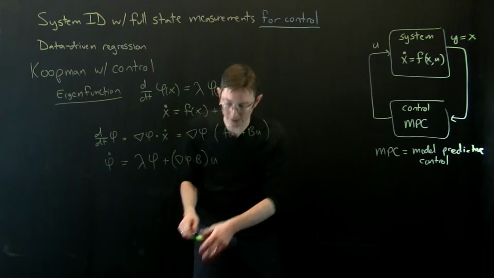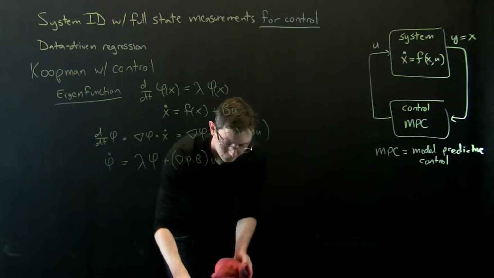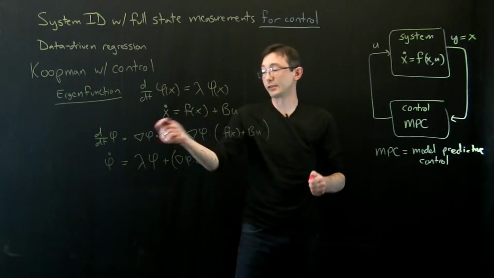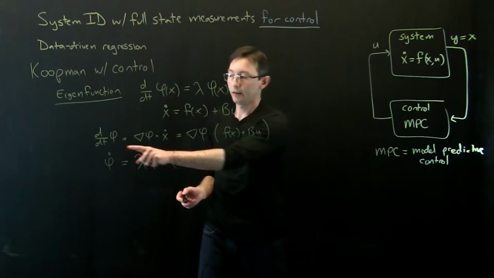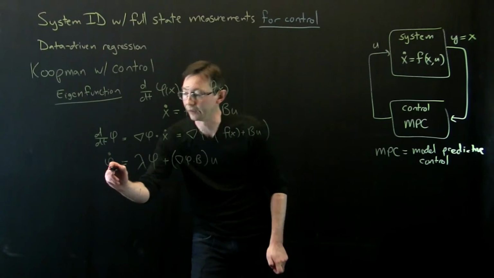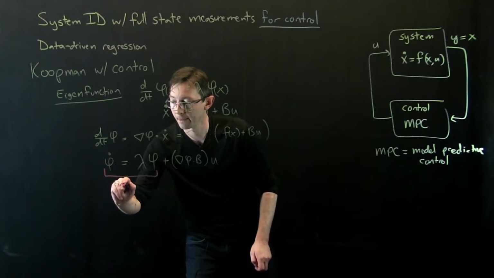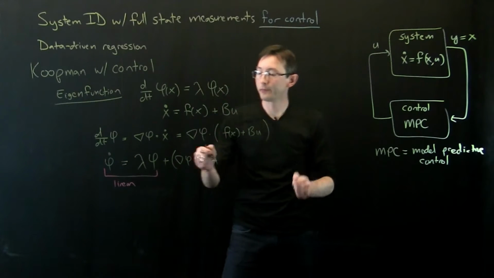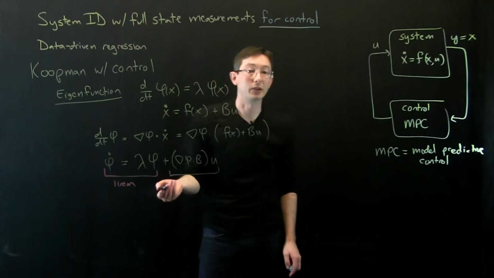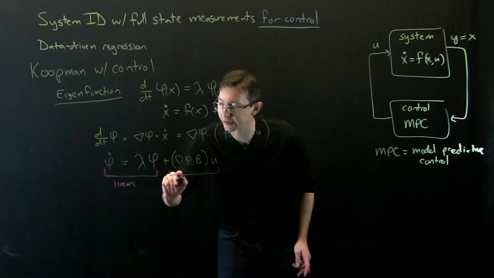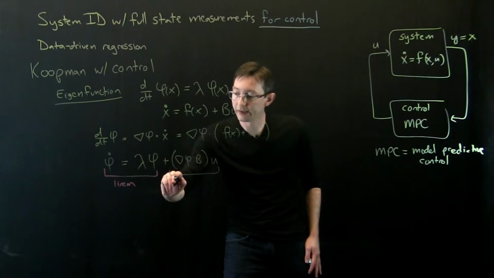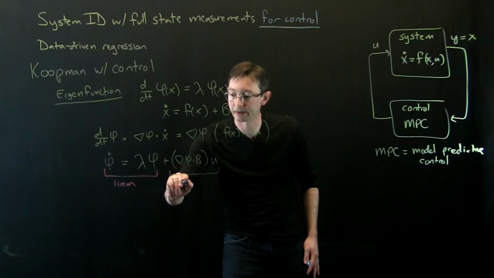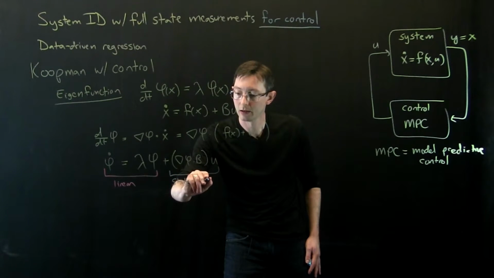Okay, so essentially this is my control system, or sorry, my state dynamics. Phi dot equals lambda phi. This is purely linear in the state, where now the state is phi, and now this is my plus control. Okay, and so this is called a state-dependent actuation.